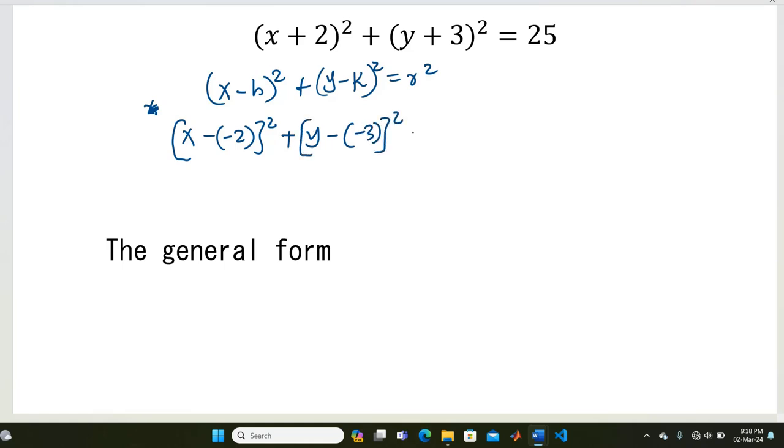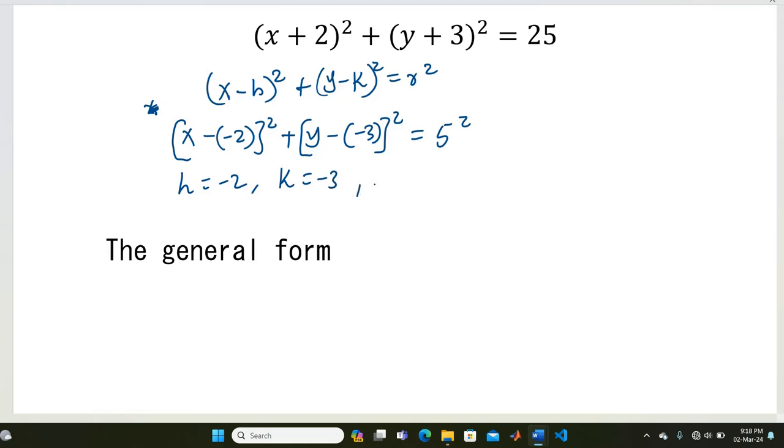then I square this. Then what is the square root of 25? It is 5. Then I square it so that I get back to this equation, because obviously I don't need to change the mathematical meaning of this equation. So if I compare it with this equation, I find that here my h is equal to negative 2, and here my k is equal to negative 3.